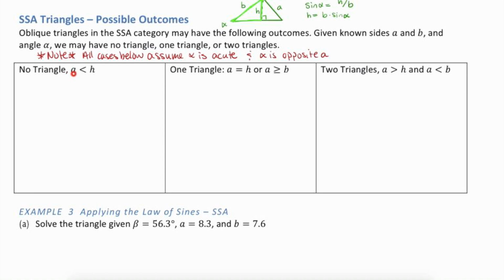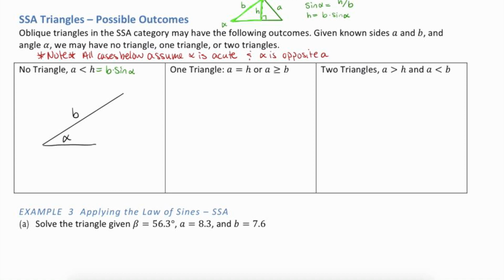So now, if A happens to be less than H, and of course now we know that H equals B times sine of alpha, then we have no triangle. That would look something like this. We'd have a really long side B. We'd have our angle alpha.